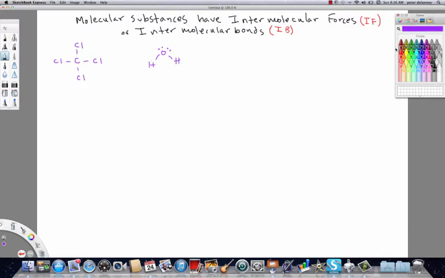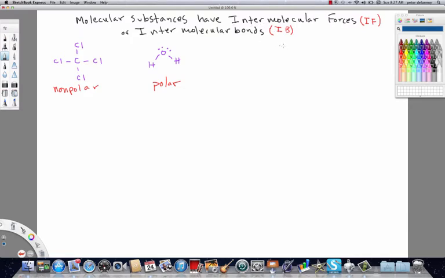All right. And just let me scroll this so we have something to look at here. So the carbon tetrachloride is nonpolar, and the water is polar. Now, what I want to do is start getting into essentially the nitty-gritty of what we call intermolecular bonds or intermolecular forces, and these two terms are used interchangeably.